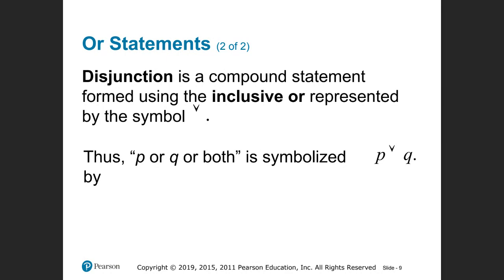Disjunction is a compound statement formed using the inclusive or represented by the symbol, the caret that is pointing downward. So P or Q or both is symbolized by P, caret pointing downward, Q. This is read as or.